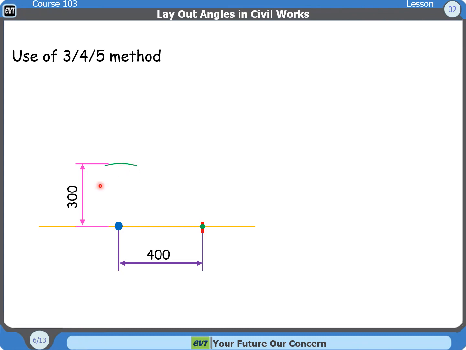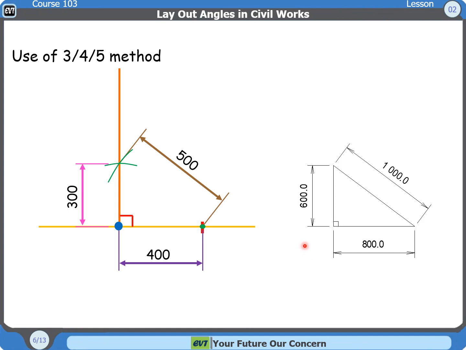After that, measuring from the point you marked on the baseline, in this case at 4 meters, measure a distance of 5 meters. You will get an intersection as shown. This will give you the true end point. So the result, you will have a 90 degree angle. You can also use multiples of 6 meters by 8 meters and 10 meters, and the result will give an angle of 90 degrees.